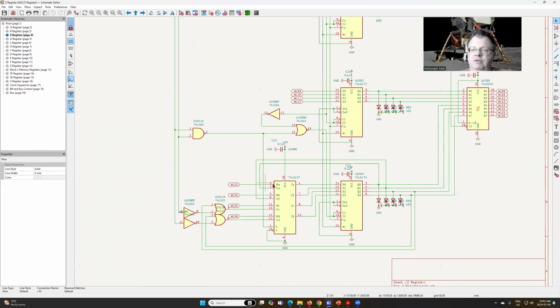Now, we basically have 2 scenarios when these signals are asserted, and this is something that took me a while to read back and forth and go through some of the detailed manuals for. When we get this Z15 or Z16 signal, do we clear the bus and just write those bits into the 15 or 16? Or do we just take whatever is currently in the Z register and set bit 15 or 16?